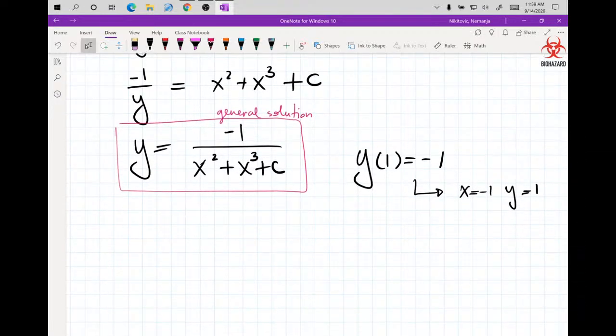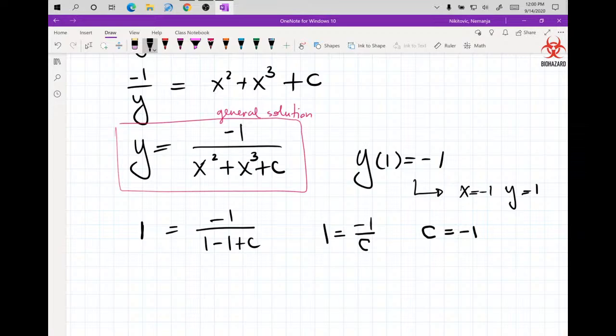So once we plug those in, we will calculate C. So negative 1 is equal to negative 1 over (1 squared is 1, plus 1 cubed is 1, plus C). Oh, sorry, I need to get the equal sign there. So negative 1 is equal to negative 1 over (2 plus C). And clearly C is negative 1.